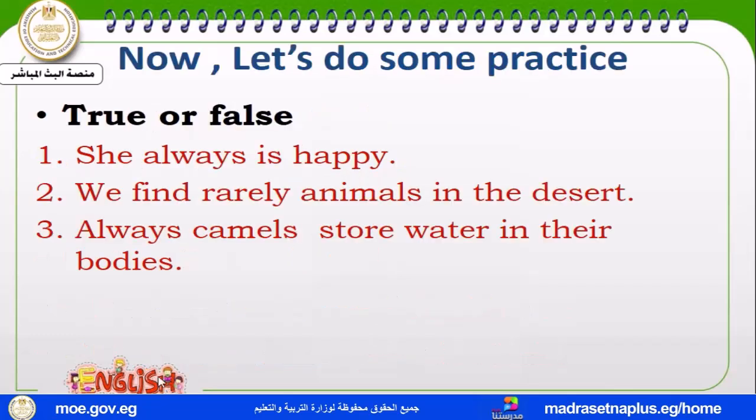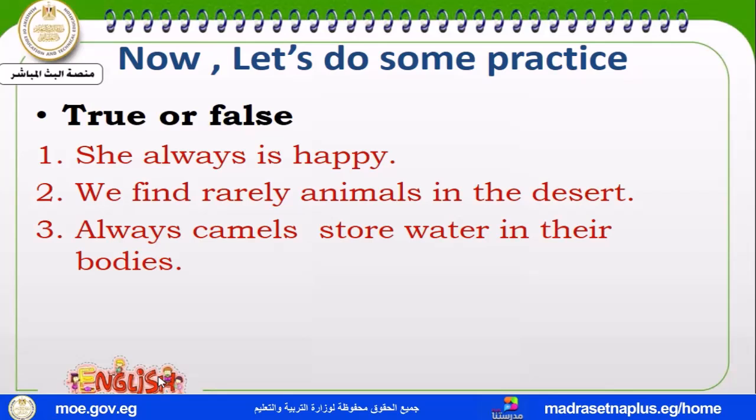Let's look at these sentences and see if they follow the correct order or not. That means, if it is the verb to be, is the adverb of frequency in its correct place or not? We have 3 sentences here. Number 1, she always is happy. Is this true or false?